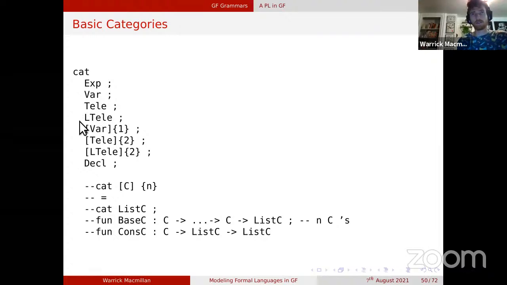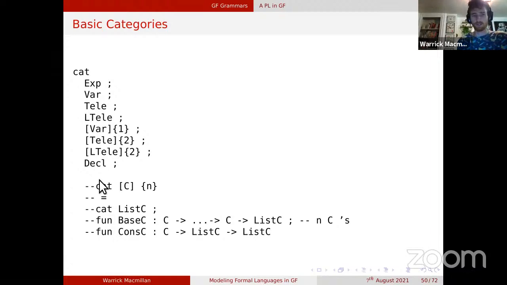If you want to have lambda x, lambda y, lambda z, then instead of having three lambdas in a row, you can say lambda x, comma y, comma z. That's why these are the list categories.